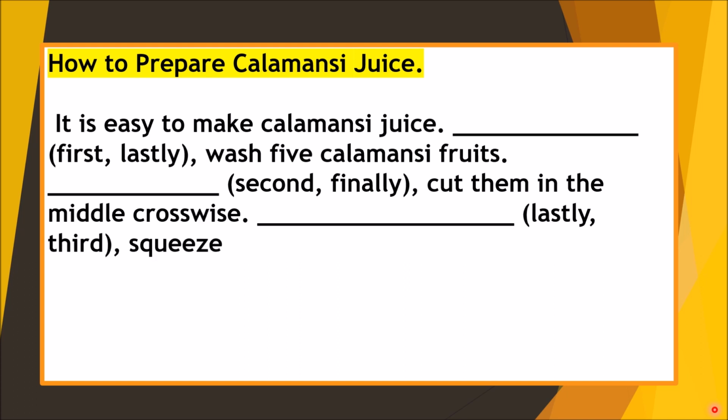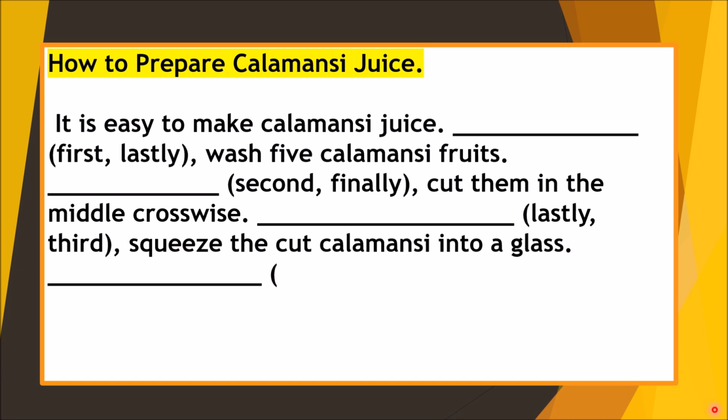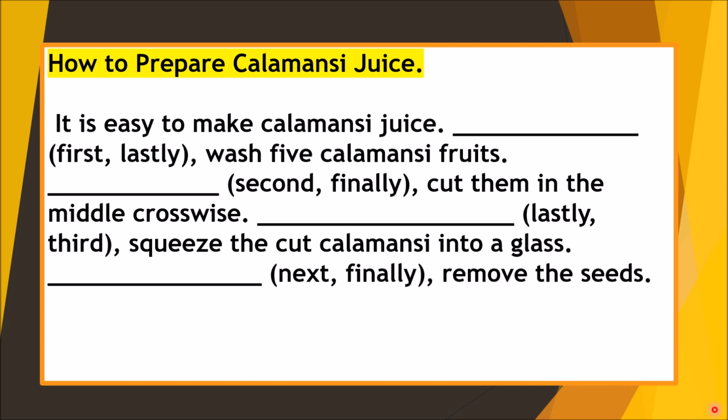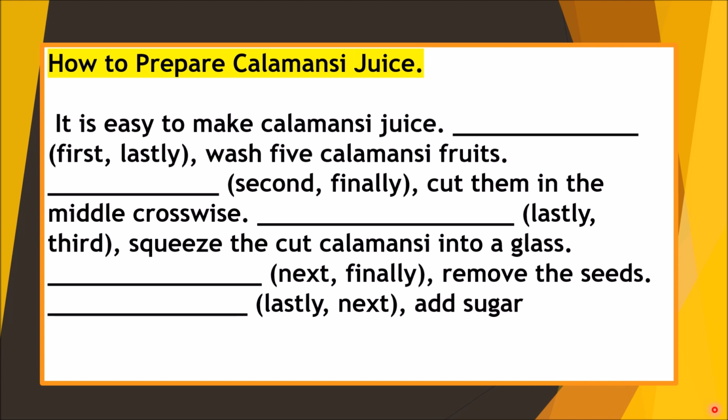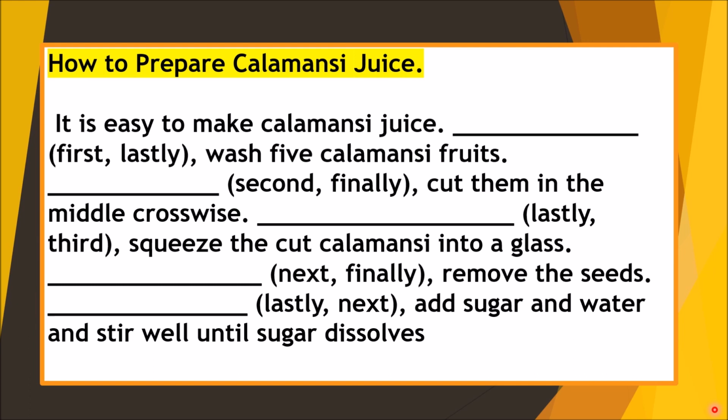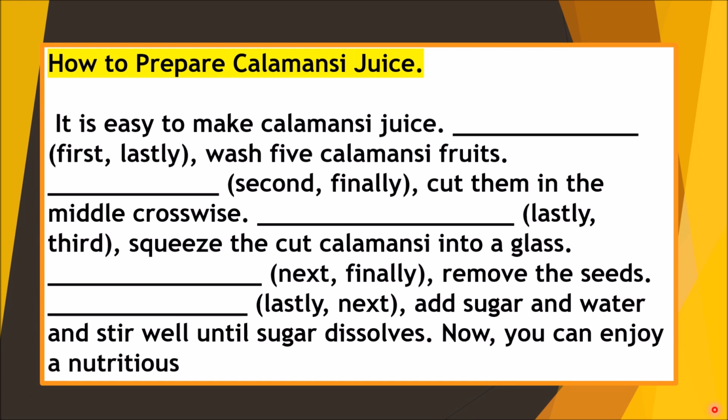Lastly, third, squeeze the cut calamansi into a glass. Next, finally, remove the seeds. Lastly, next, add the sugar and water and stir well until sugar dissolves. Now, you can enjoy a nutritious drink.